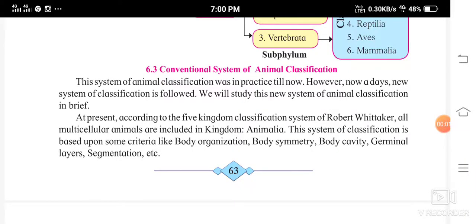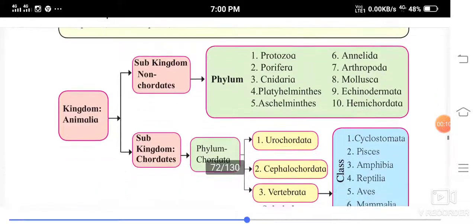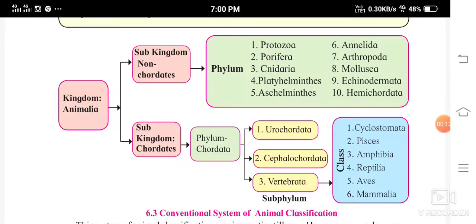Students, we studied the conventional system of animal classification. Kingdom Animalia was divided into two subkingdoms, that is non-chordates and chordates.